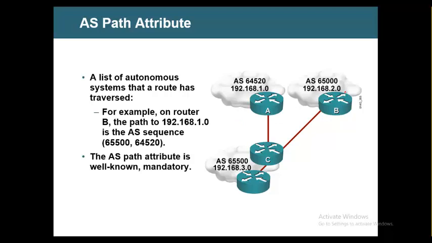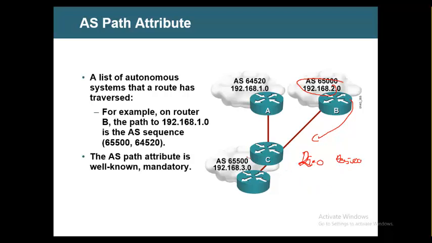This is the network that is advertised. While advertising, B will say, I have a network, I'm just writing it in short, 2.0. I have a network called 2.0, and this is originating from 6500.